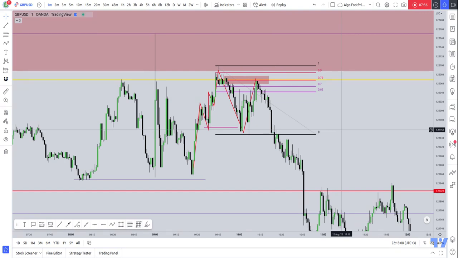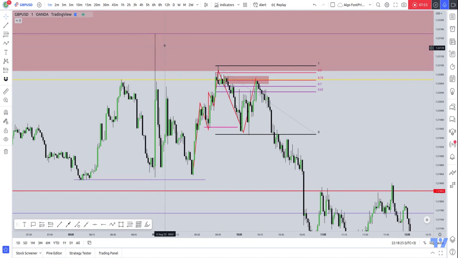The algo has taken liquidity. How do I know it? When I see liquidity grab, then I know this is smart money doing this, and all I wait is a sign to go higher or lower, and I just follow.